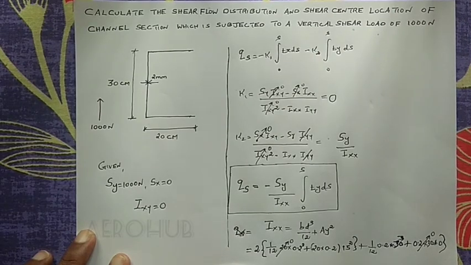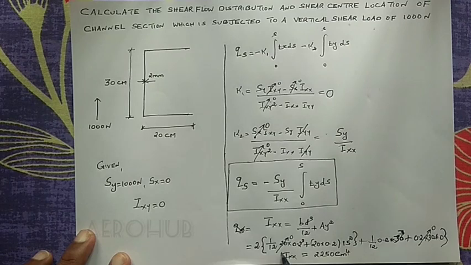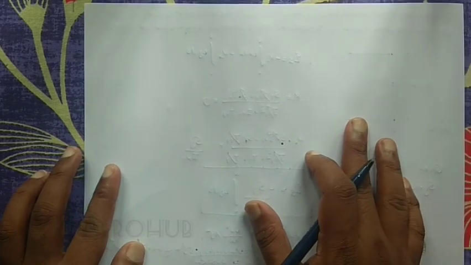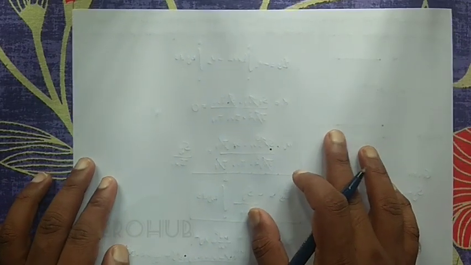So I will be getting the answer as 2250 centimeter power 4. This is the value of Ixx. Now we will find out the value of the shear flow equation.